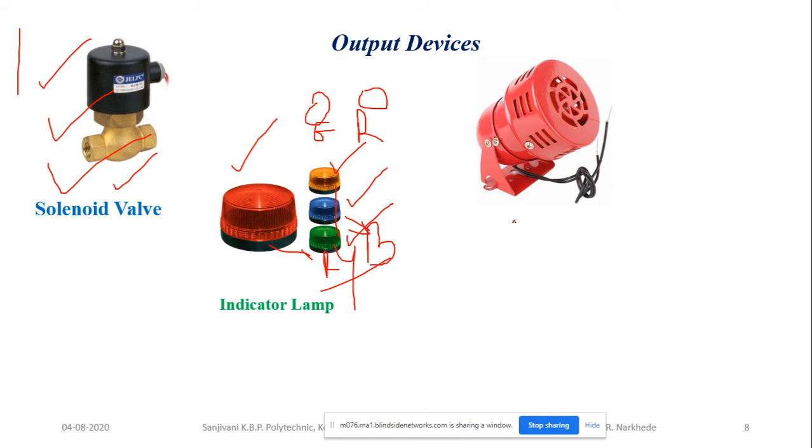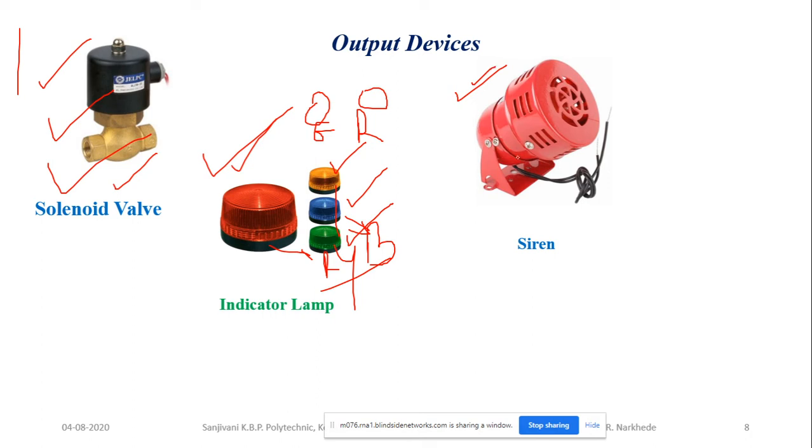Apart from this, in case of safety or certain warnings, we have to use audio visual. So visual is your indicating lamp, but sometimes workers are not able to notice the indicating lamp all the time, so we need to give some sirens also.